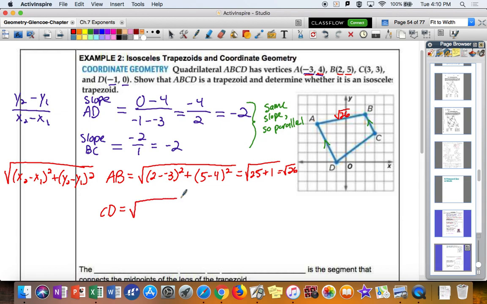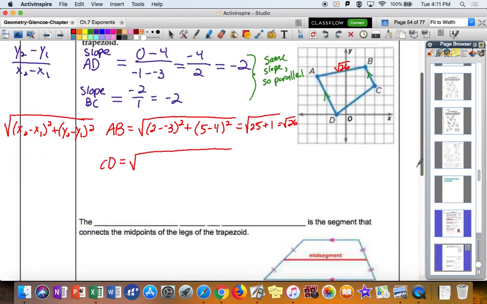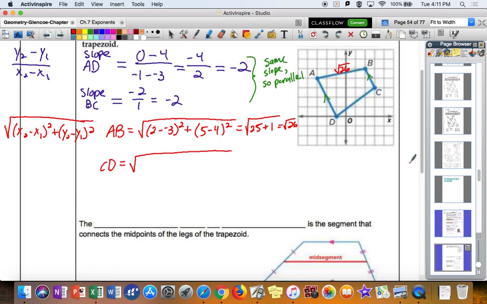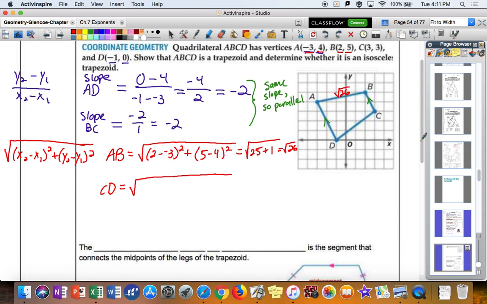So once again, let's do a little bit of work here with the Pythagorean theorem distance formula. For CD, we're going to take the second x minus the first x, so negative 1 minus 3 squared, plus the second y minus the first y, so 0 minus 3 squared.